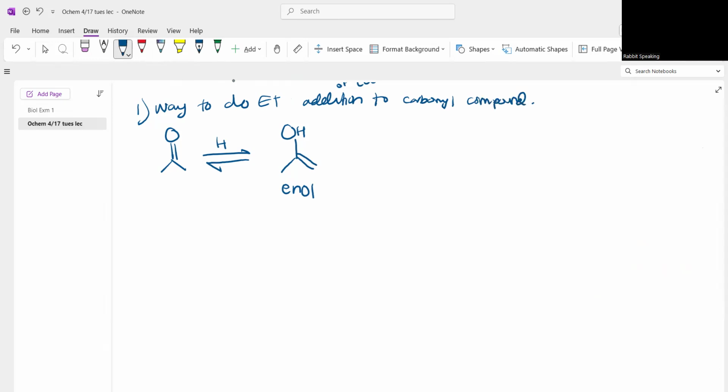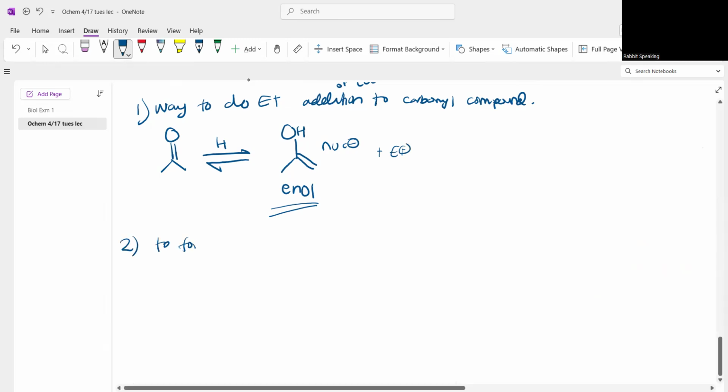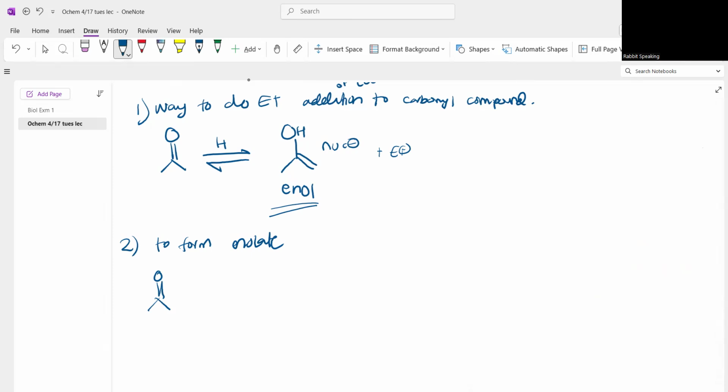Okay. So we have this react in acidic conditions and it equilibrates to our enol form. We can proceed with this, where this will then act like our nucleophile and react with electrophiles and go on, and so on. Now the second way is to form what we call an enolate. So we'll start again with ketones.